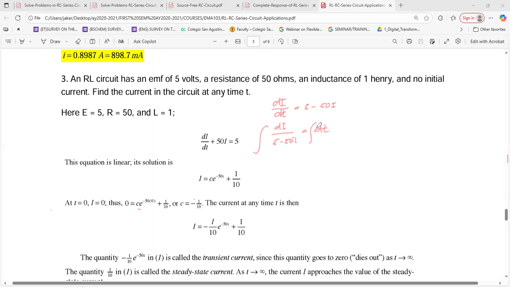Now, in this case, you can have the initial value of the current substituted here because your integral has the variable I. So at time equal to 0, it says there that there is no current in your circuit, so it's also zero current here. At time equal to t, in seconds, the current is equal to I. That would directly give you an answer which does not have the ln of k because you already place the limits on your integral.